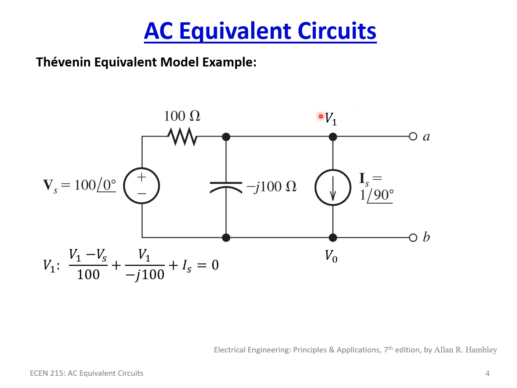So let me write an equation for V1. Let me draw on the screen so that we can follow along. We need the current leaving V1, since that's how I write my equations, and this is all the same node.